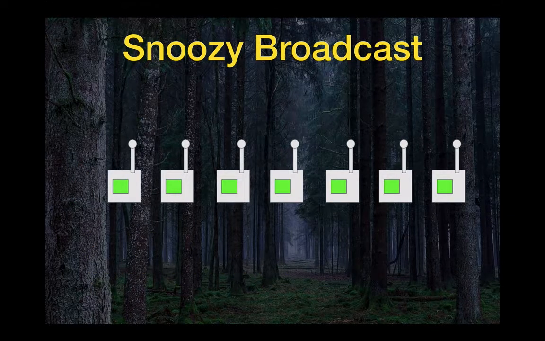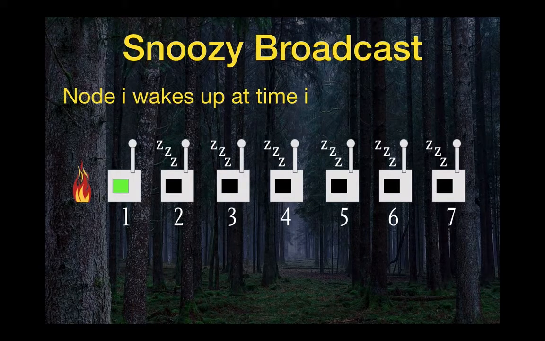Here's another version of the same scenario, but this time the twist is that the individual sensors are allowed to go to sleep. So suppose they all start off asleep, and the ith node is going to wake up at time i.